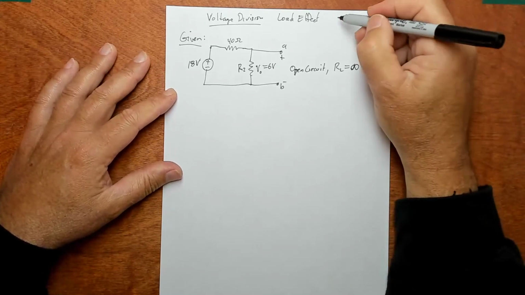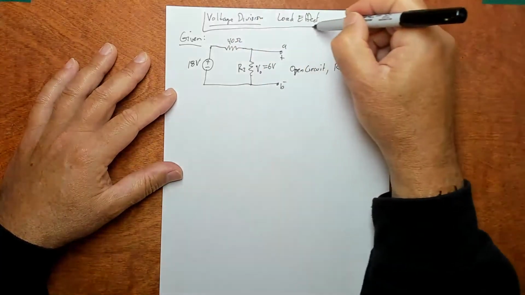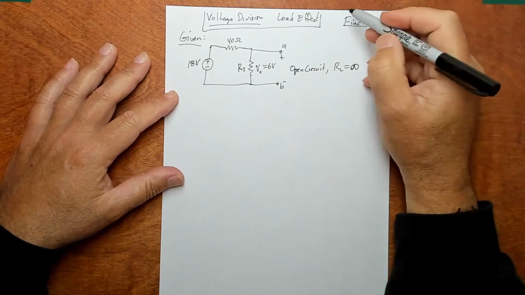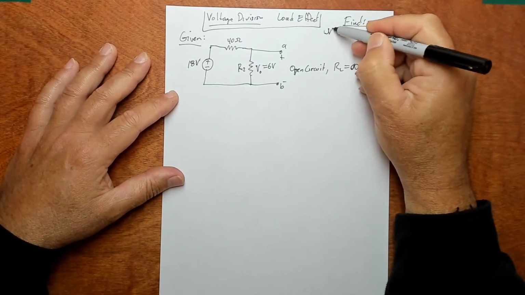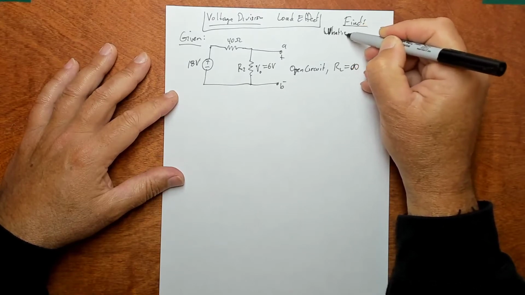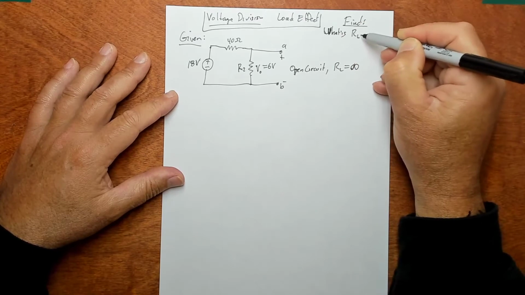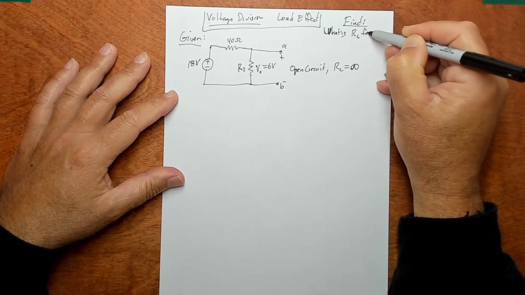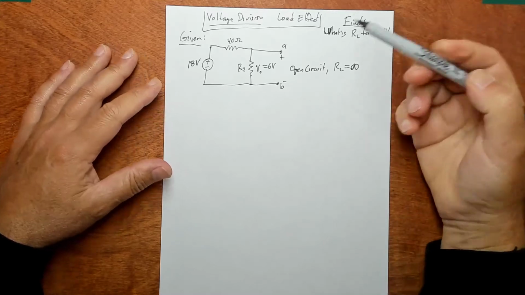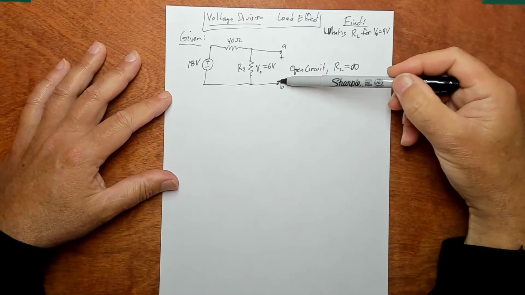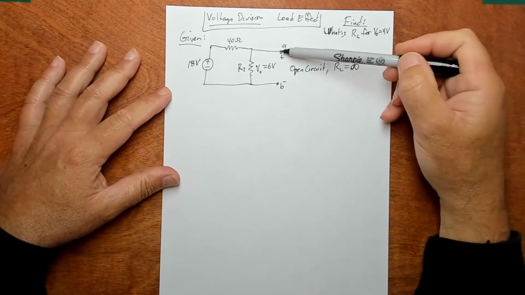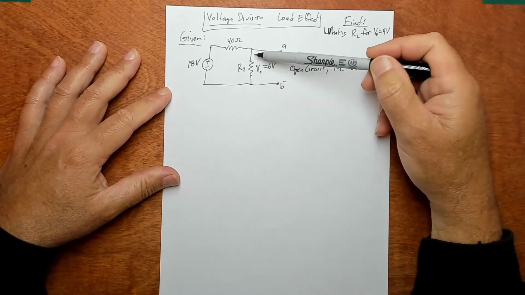Okay, so we're asked to find what is R sub L for V0 equals 4 volts. So right now with an open circuit, that is an infinite resistance on the load, we have 6 volts.